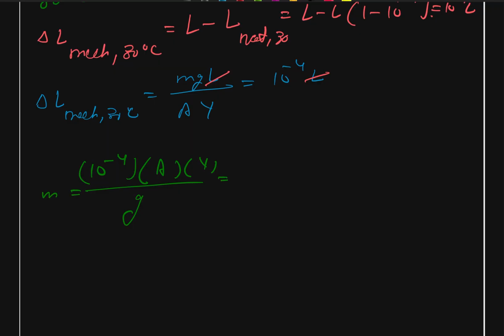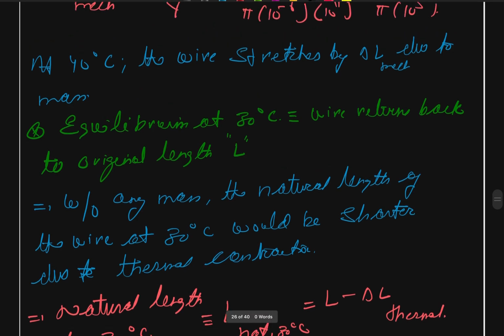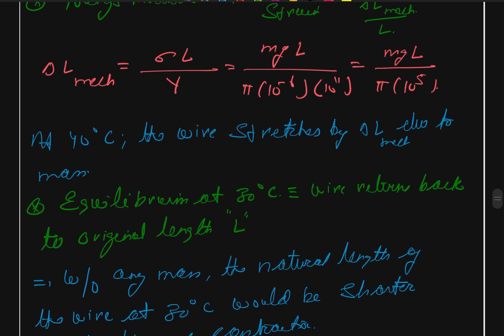We substitute the values, and that is 10 raised to power minus 4 times pi r square. I think we found the area also. Yes, and this comes as pi r square times 10 raised to power 5.